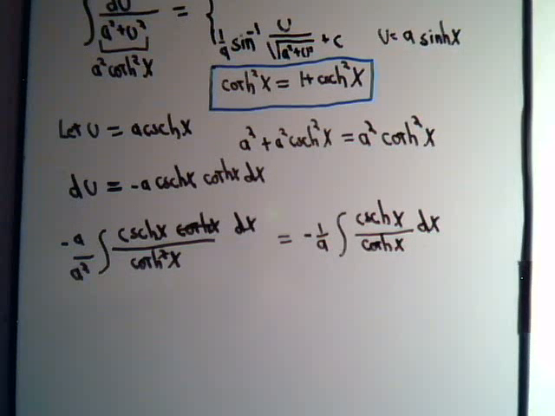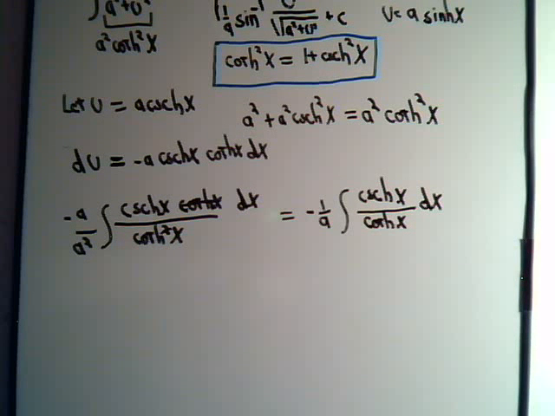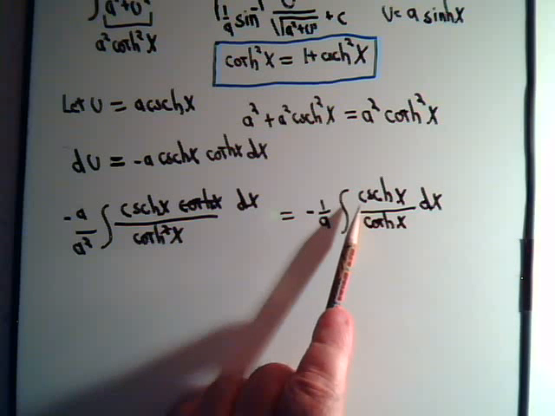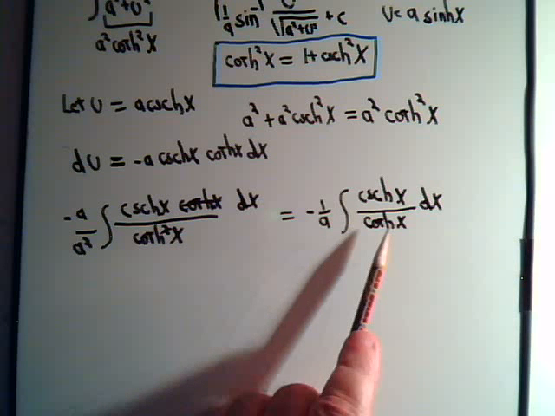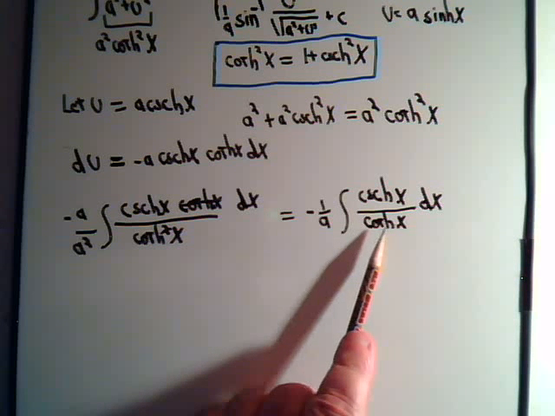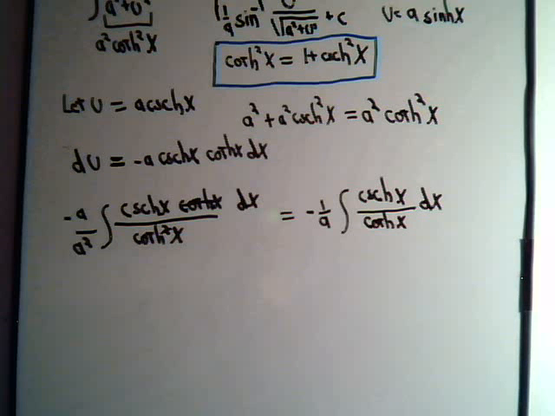Now let's see here. I'm tempted to say this would be 1 over the hyperbolic sine, times hyperbolic sine over the hyperbolic cosine. So let's write it out.